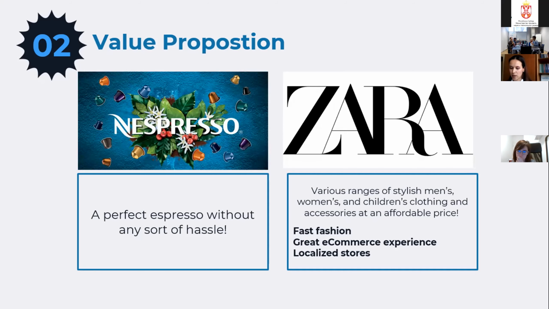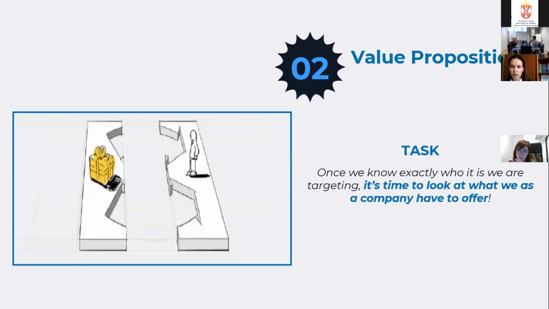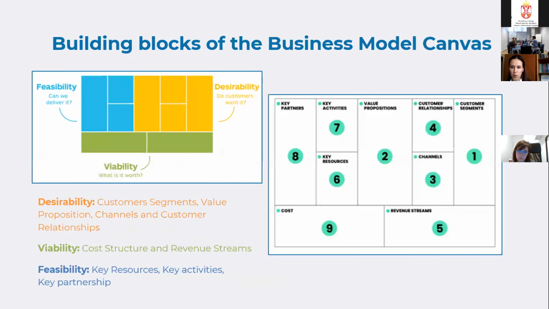And we saw that the first block, which is recommended to be filled when starting to create a business model with this tool, is the customer segments, which defines the specific groups of people or individuals that the entrepreneur aims to reach and serve.